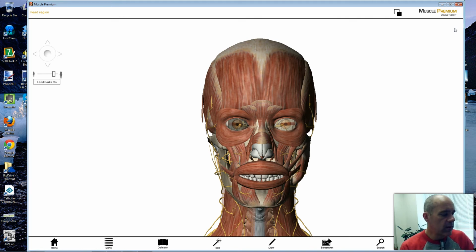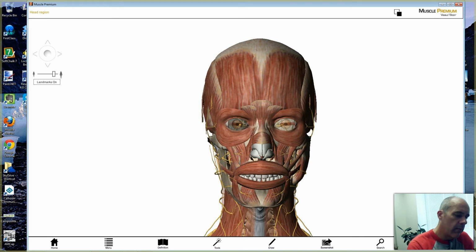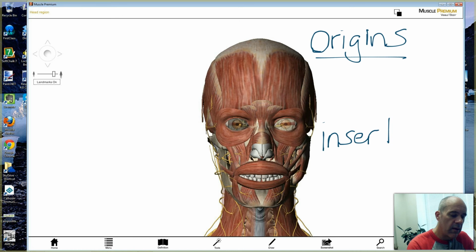So let me talk a little bit about what that means before we move on. So probably for all of the muscles, I'm going to point out to us their origin or origins and their insertion point or their insertions.